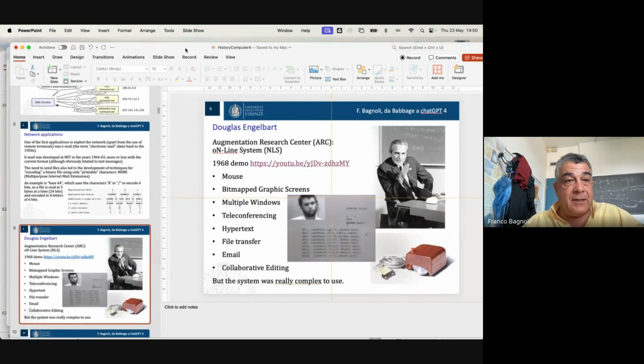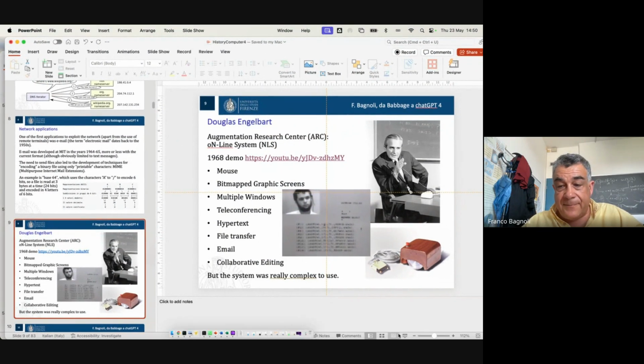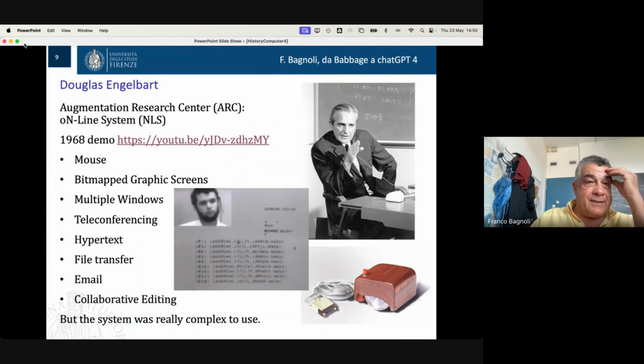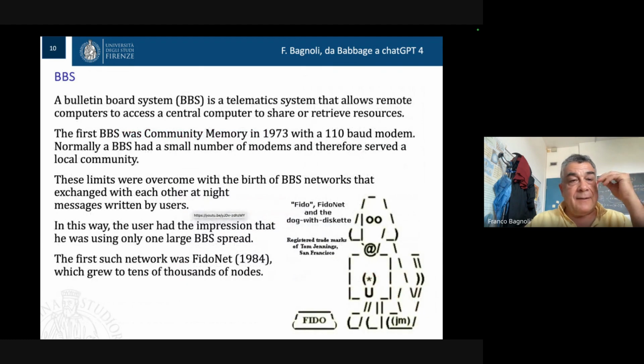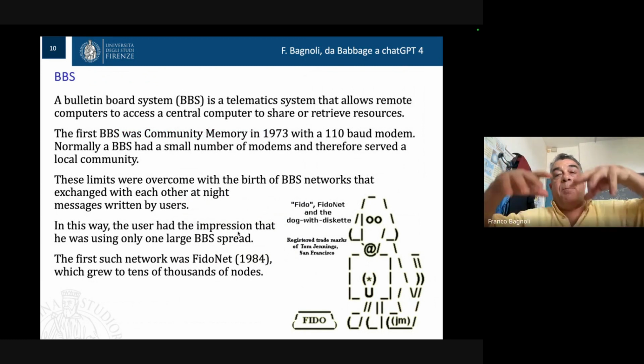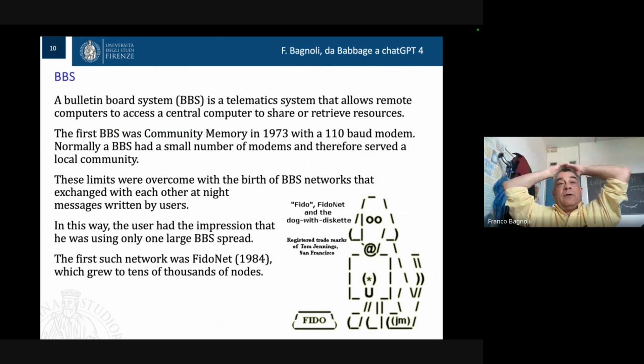So this is the first lesson that we can extract. You can have a lot of good ideas, but in order to be successful, things have to be also usable, not only smart.